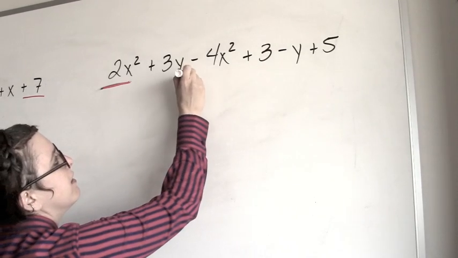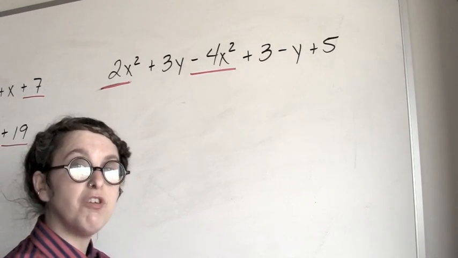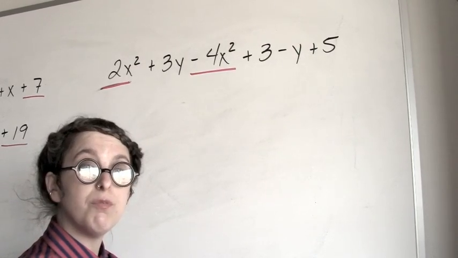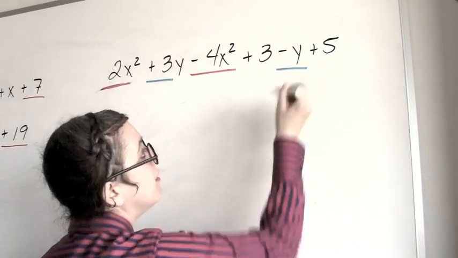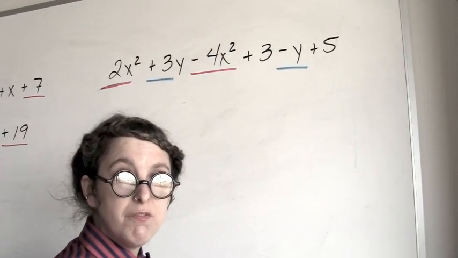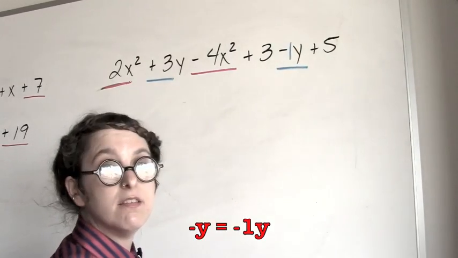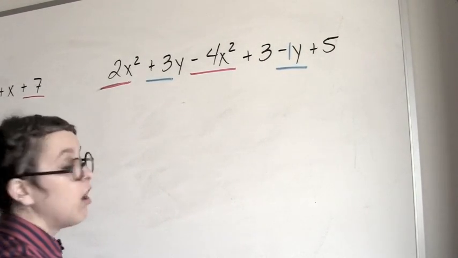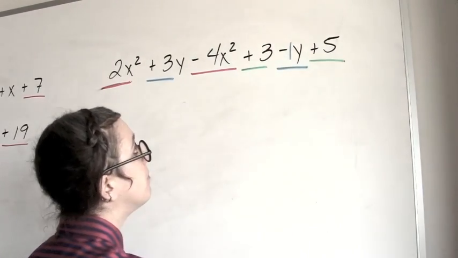Here and here. The next kind of like term that draws my eye is the terms with the y's. We have 2 terms with y's, 3y and negative 1y. Do yourself a favor, make that 1 visible, just like this. The third kind of like term we have are the constants. We've got a 3 and a 5.